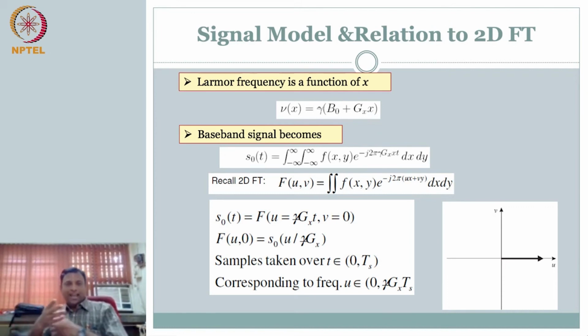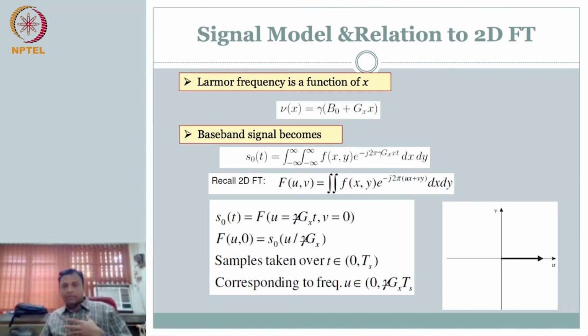Now I am saying we are acquiring S of t, but that S of t itself looks very similar to the Fourier transform. So what is it that we are recording? Your S of t is nothing but the Fourier transform of f of x y.